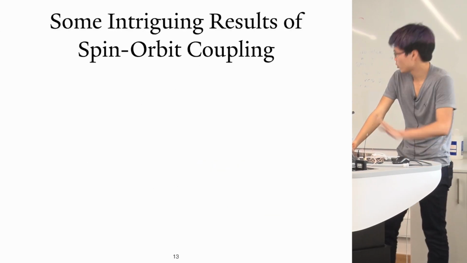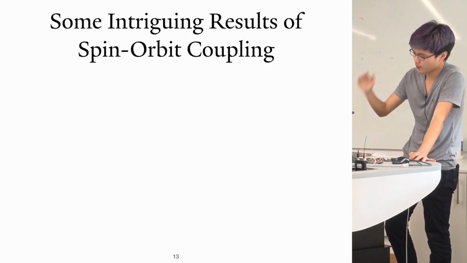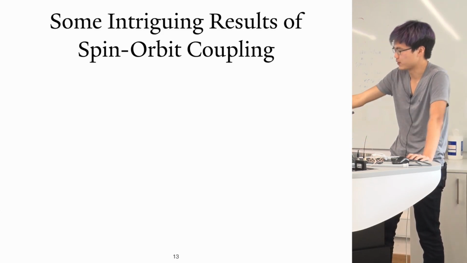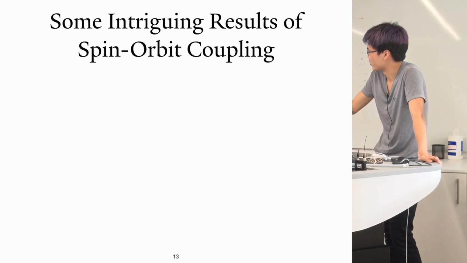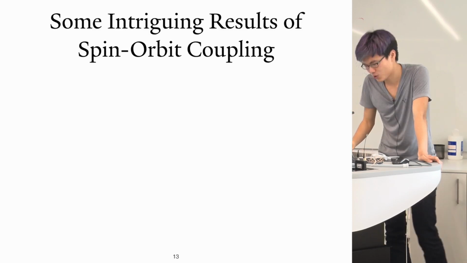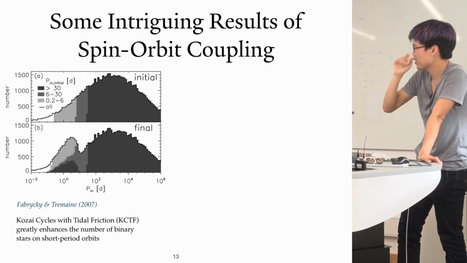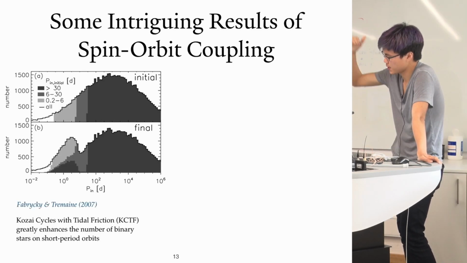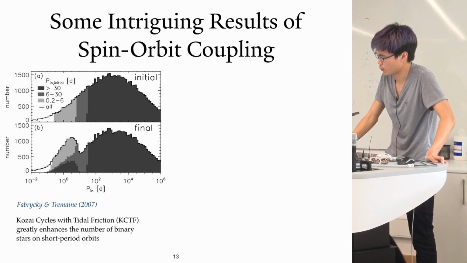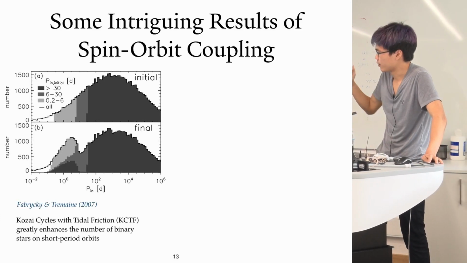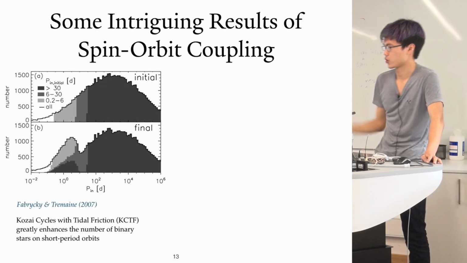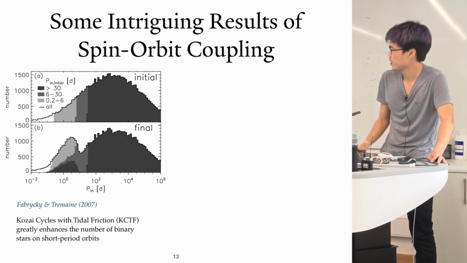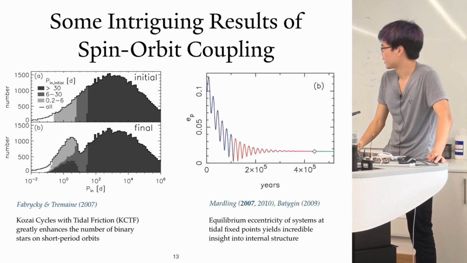But yeah, the framework that I've just gone over is extremely powerful, and many relevant and interesting results have been discovered using this framework. I could stand here all day and talk about them, but I'll just list two of these examples. So in 2007, Fabrycky and Tremaine noticed a statistical excess of short-period binary stars with an exterior companion, and they showed that the phenomenon of quasi-cycles with tidal friction was able to greatly enhance the number of short-period binaries and explain this unusual distribution.